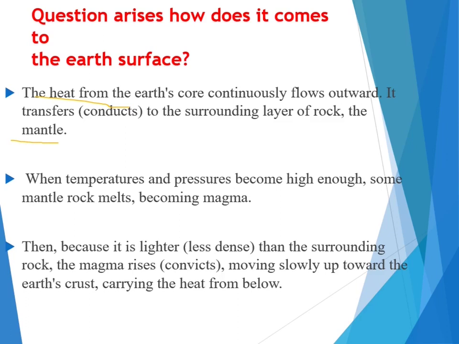When temperature and pressure become very high, some mantle rocks melt and become magma. Because it is lighter, less dense than the surrounding rock, the magma rises, moving slowly up towards the earth's crust, carrying the heat from below.